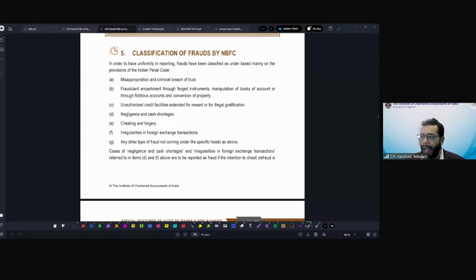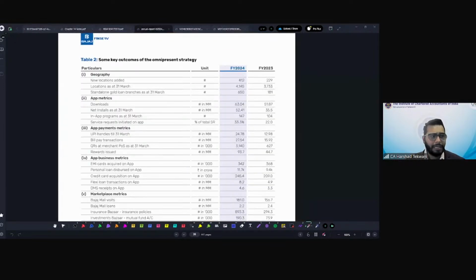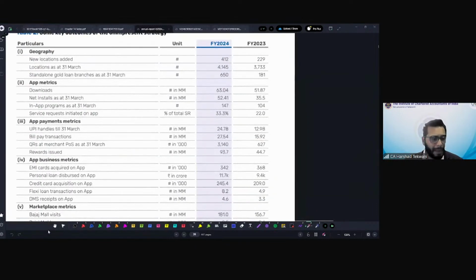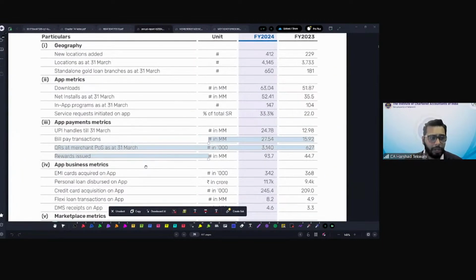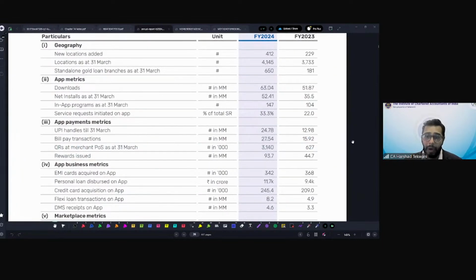I'll show you the same example that we were discussing yesterday, some metrics for a particular company. From here, you can identify the quantum and what amount of detail we need to have when we are understanding the entity and its internal control.